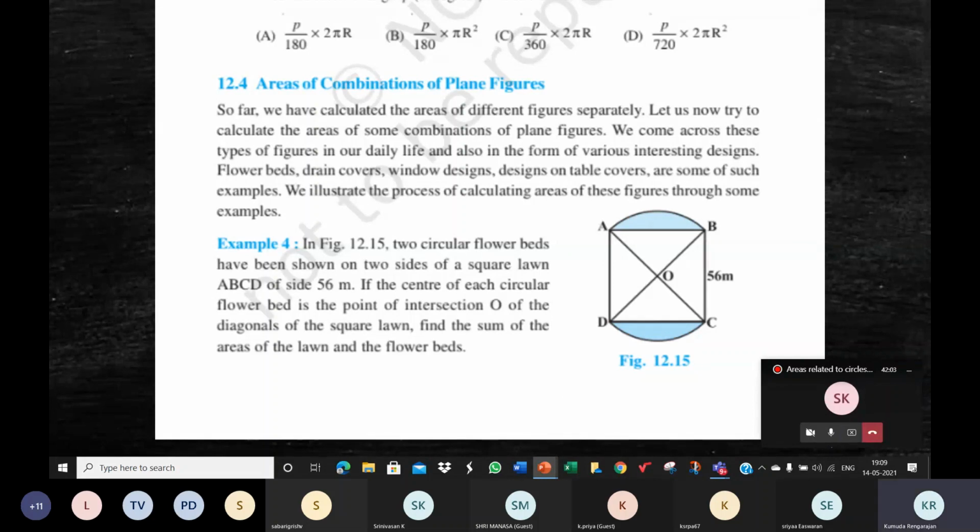After finding the area of the square, find the length of BD. Please follow my instructions so that it's easy to discuss. Find the area of the square ABCD. Next, find the length of BD, either using the formula or by using Pythagoras theorem.